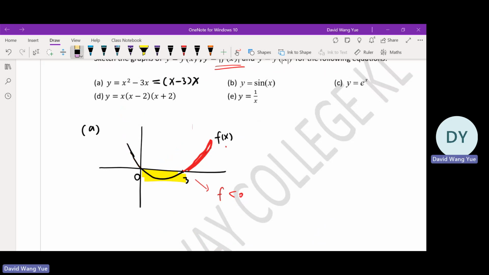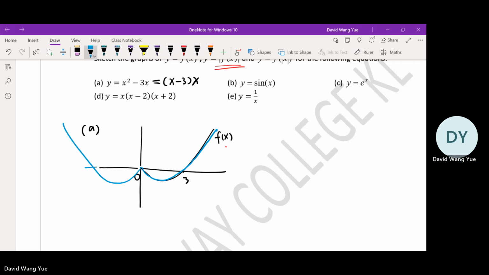The one on the left is completely removed, and then the one on the right is reflected. So the x-intercept of 3 now becomes -3.